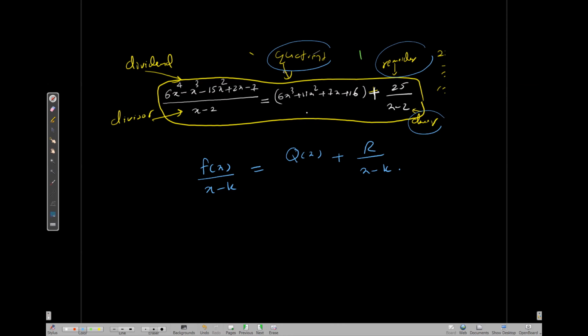Now if I multiply the whole thing by x minus k, on the left hand side, I can multiply by whatever number as long as I do it to both sides of my equation.